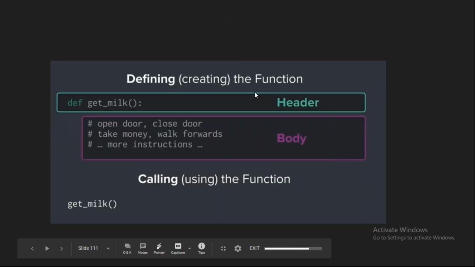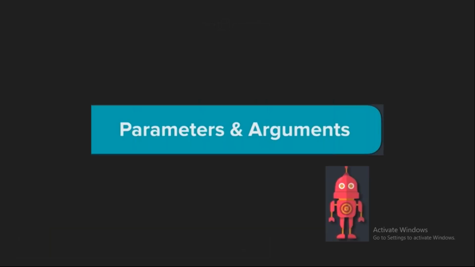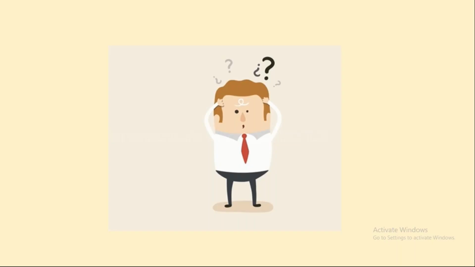Now, when we talk about function, we talk about parameters and arguments. So what are parameters and arguments? Let's try to understand that now. You might be thinking, what are these new terminologies, why are we using different vocabularies?